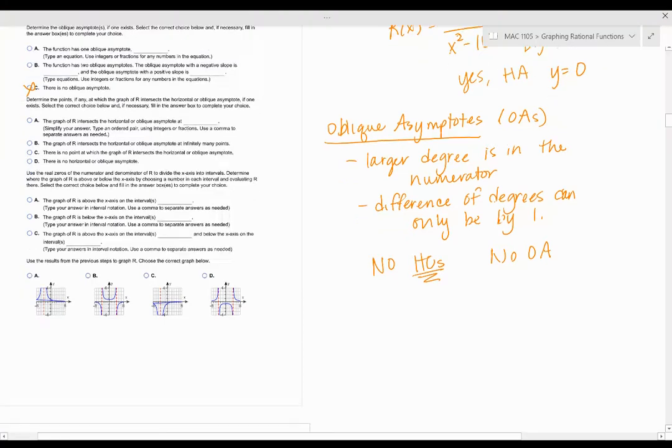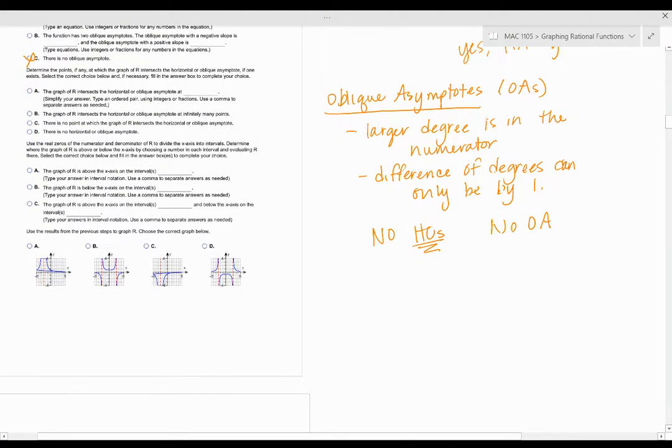If you want to find out if your graph intersects an asymptote, particularly a horizontal or an oblique, because your graph is never going to cross a vertical asymptote, you need to set your function equal to whatever value you got for that asymptote. So we had a horizontal asymptote at y equals 0. So we're going to set r of x equal to our horizontal asymptote.